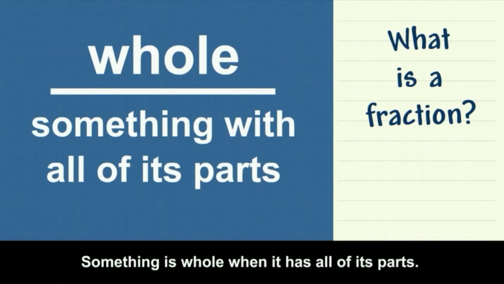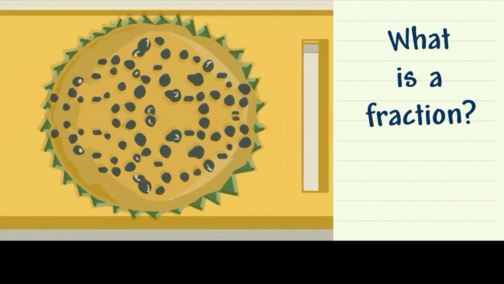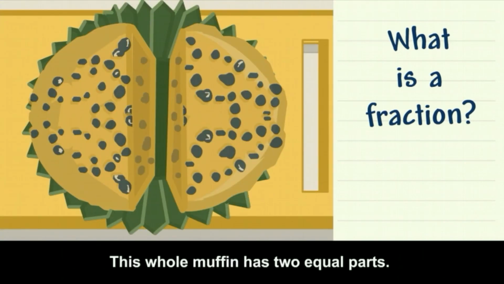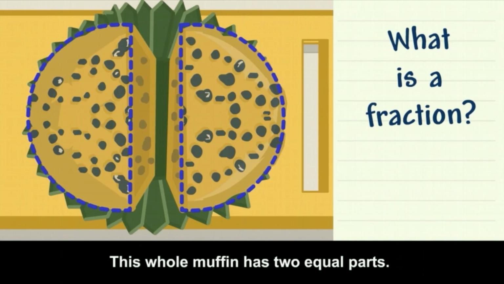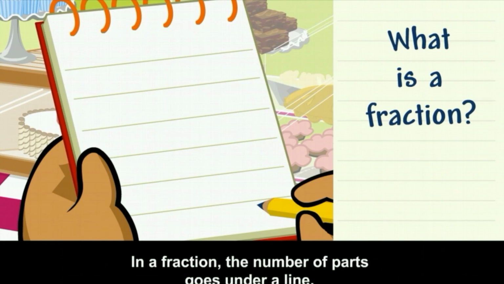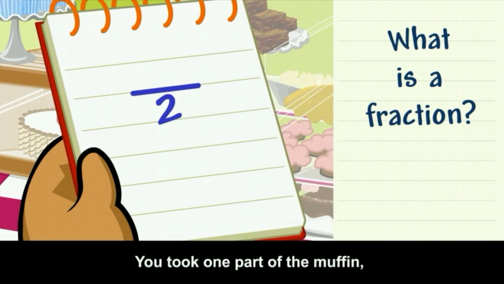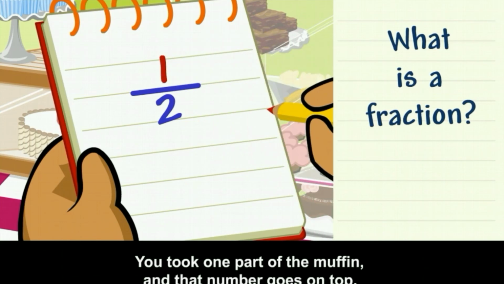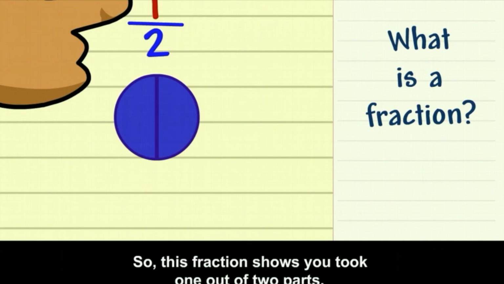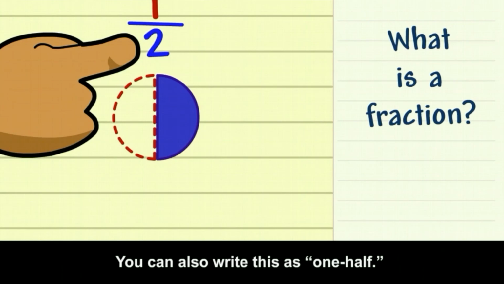Something is whole when it has all of its parts. I love muffins. This whole muffin has 2 equal parts. In a fraction, the number of parts goes under a line. There are 2 parts. You took 1 part of the muffin, and that number goes on top. So this fraction shows you took 1 out of 2 parts. You can also write this as 1/2.